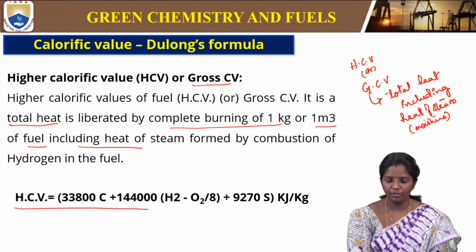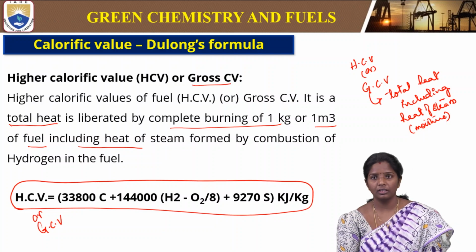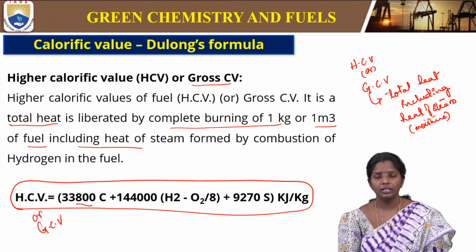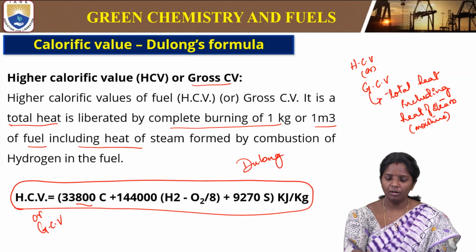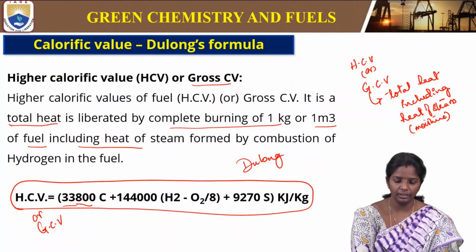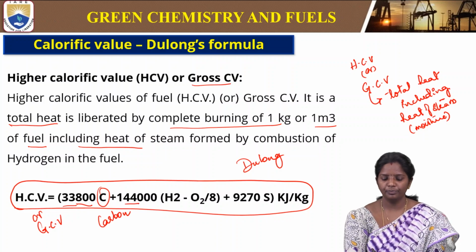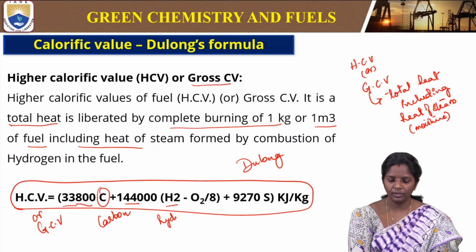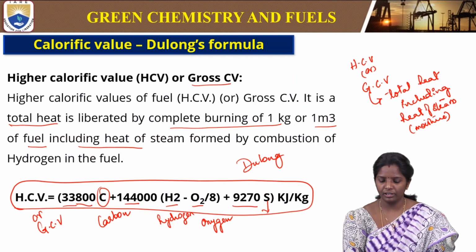It is given in the form of a formula: HCV or GCV is nothing but 33,800 into carbon content, plus 1,44,000 into hydrogen content minus oxygen content, plus 9,270 into sulfur content.